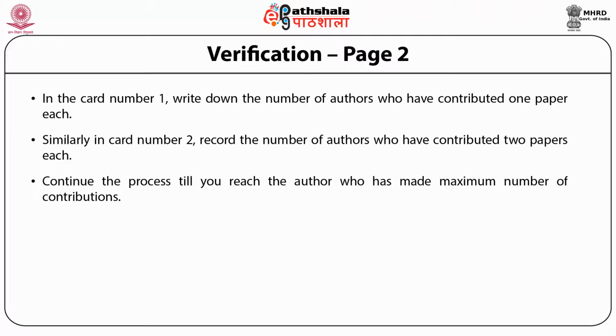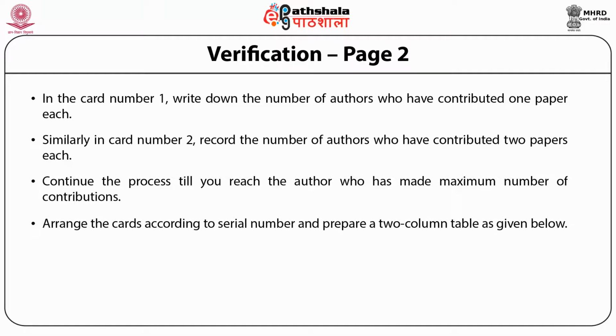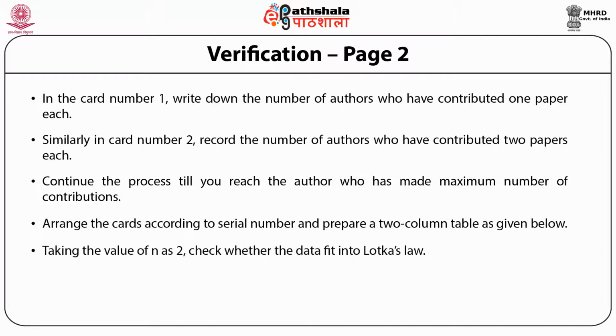Next step, arrange the cards according to serial number and prepare a 2-column table as given below, presenting the data in ascending order. The last step here, taking the value of n as 2, check whether the data fit into Lotka's law.